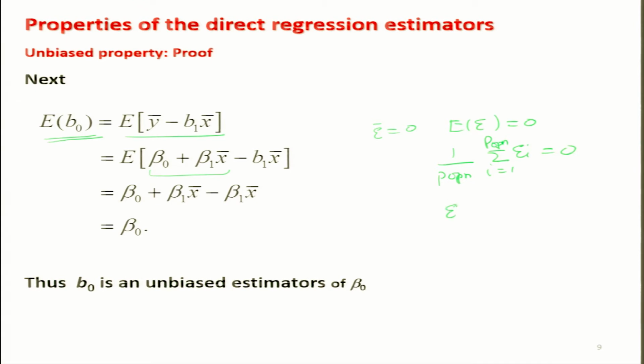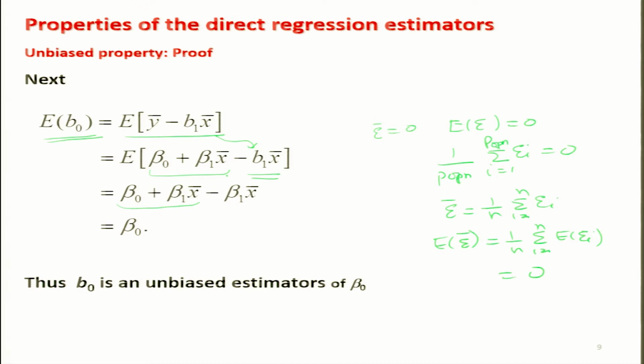But when I write epsilon bar, this is 1 upon n summation i goes from 1 to n epsilon i, and this will not be equal to 0. But when you take the expected value of epsilon bar, this becomes 1 upon n summation i goes from 1 to n expected value of epsilon i, which is equal to 0. So, this is what I have done here, and then minus B1 x bar.